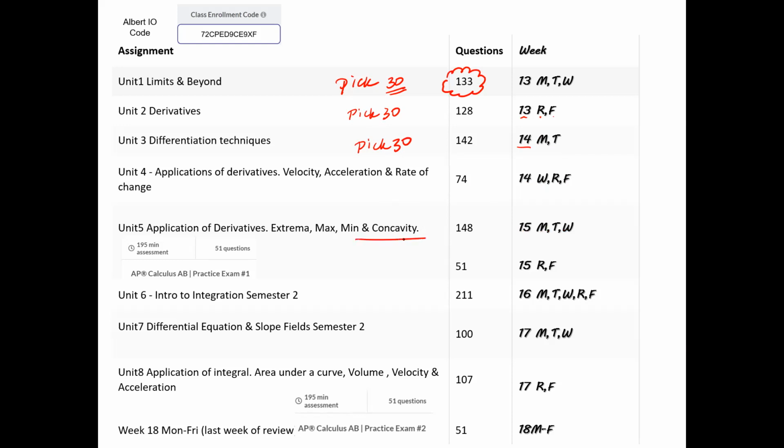After this is kind of the end of semester 1. I'm going to have you guys take the first practice test. It's 51 questions. It's assigned very similarly to what the actual AP test will look like.